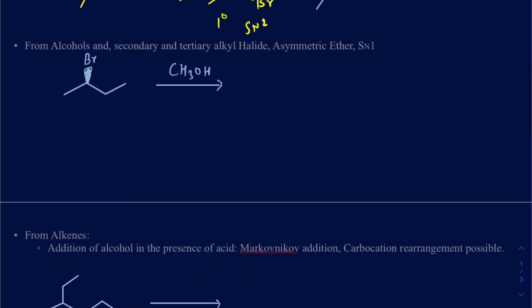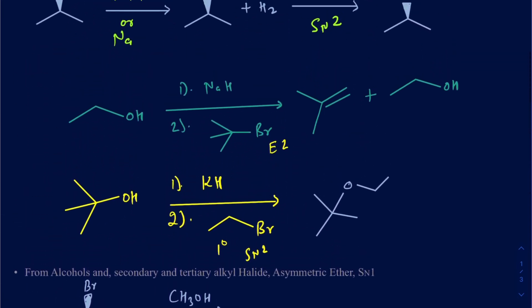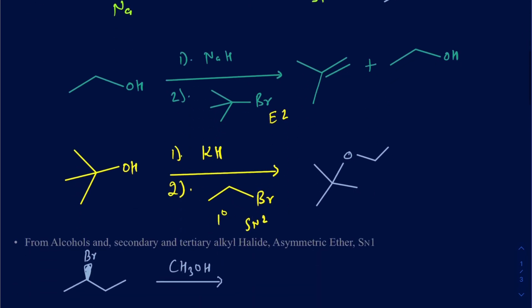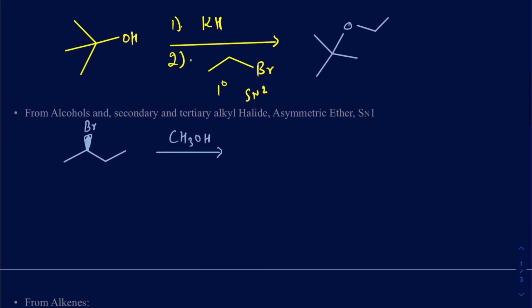You can also create ethers from secondary and tertiary alcohols, but you can't just use a base. You're just going to have to do an SN1 type of reaction. So suppose I'm doing this one, and that's going to hold true for the tertiary alkyl halide as well.